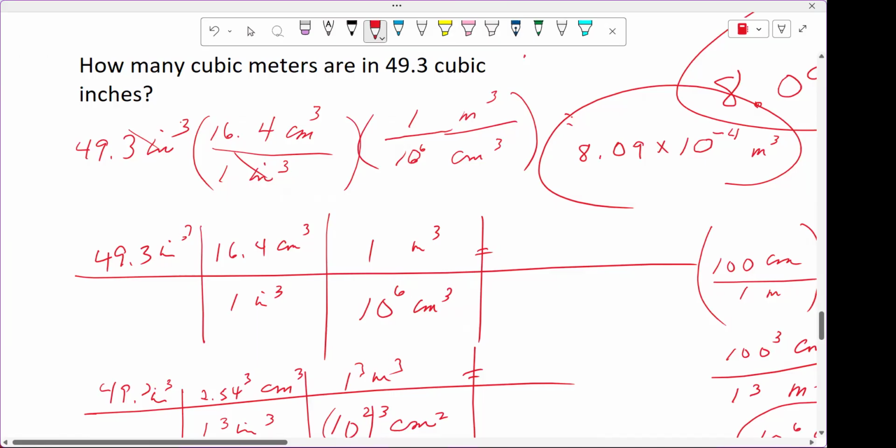And then if we convert that to scientific notation, it looks like this. It's in the mode menu.